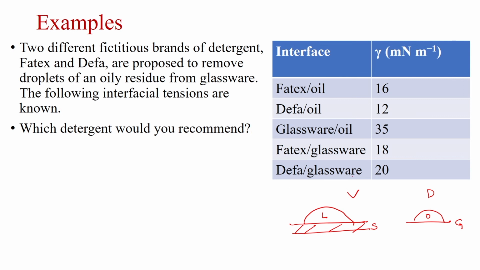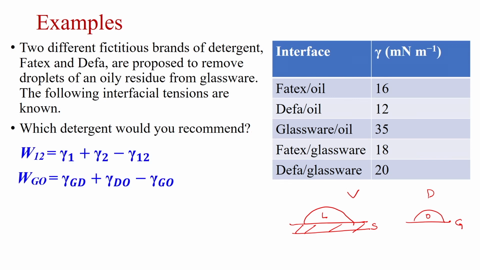So, we want to know which detergent will be able to remove the IL from the glass. To see its efficacy, we have to calculate the work of adhesion of the detergent on the glass surface. If you remember, the work of adhesion W12 is gamma 1 plus gamma 2 minus gamma 12.